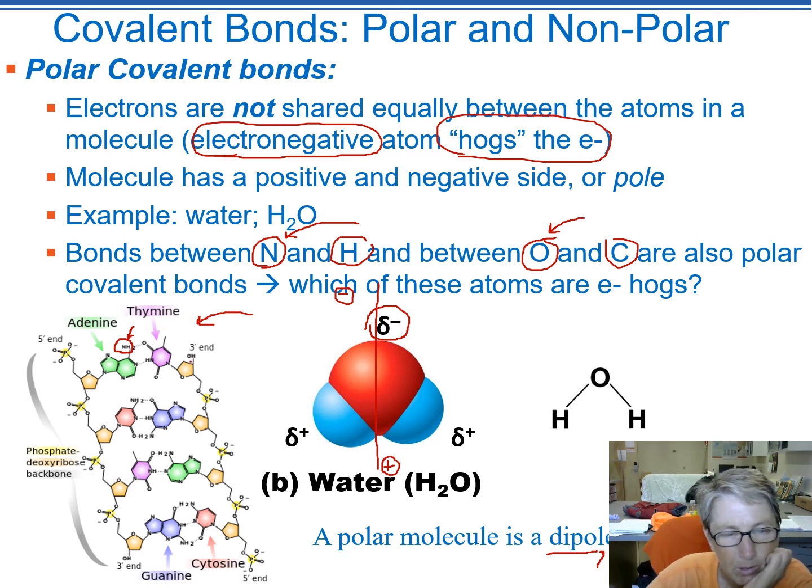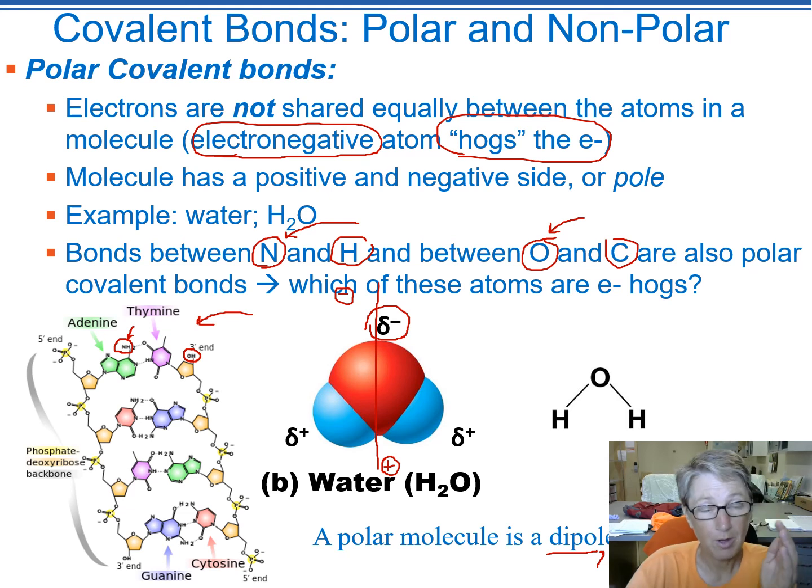Here's another one. Between the O and the H in DNA, you have a polar covalent bond. So you can find polar covalent bonds within molecules.